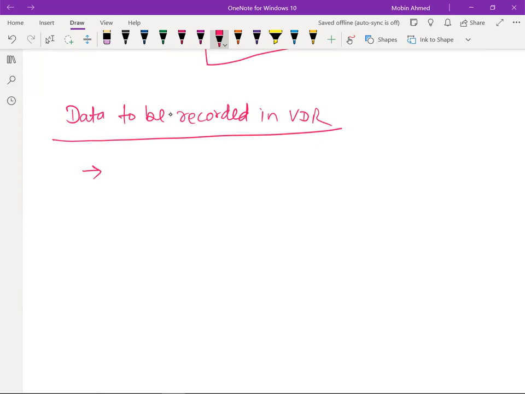So in the DRU, what all is being recorded? First is date and time. The feeding of this is going to be from the clock.